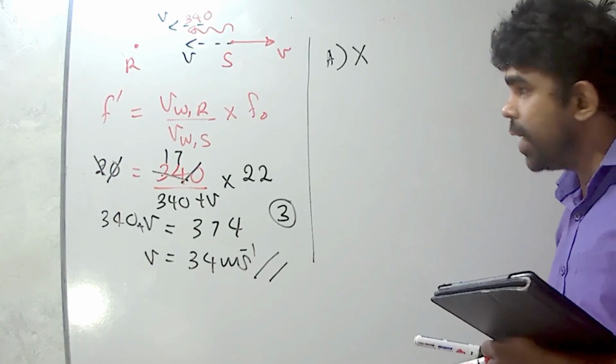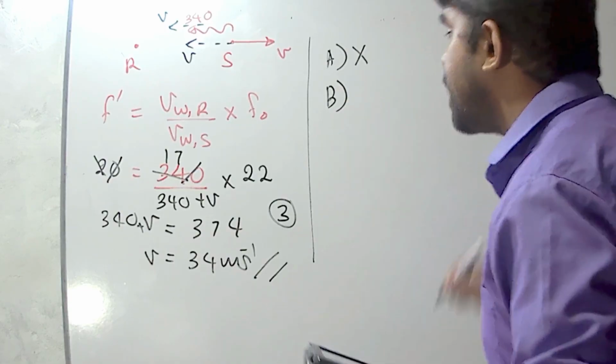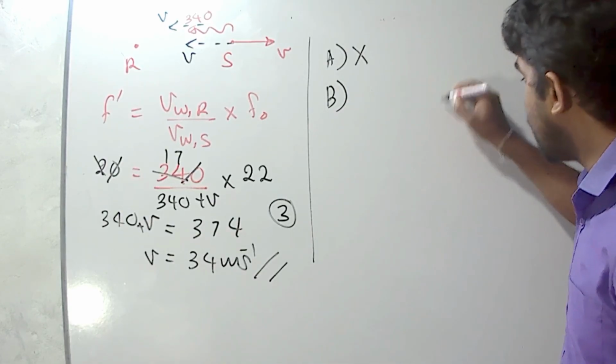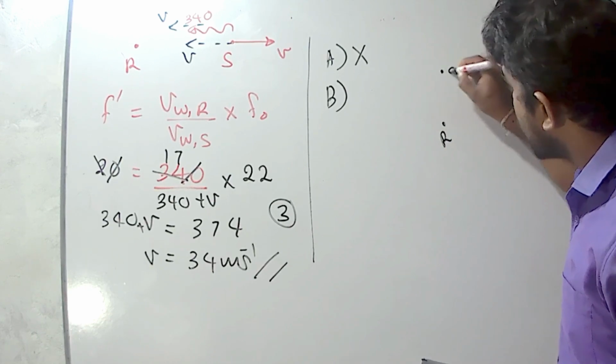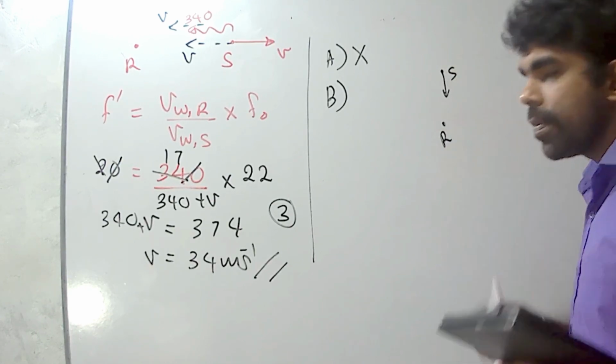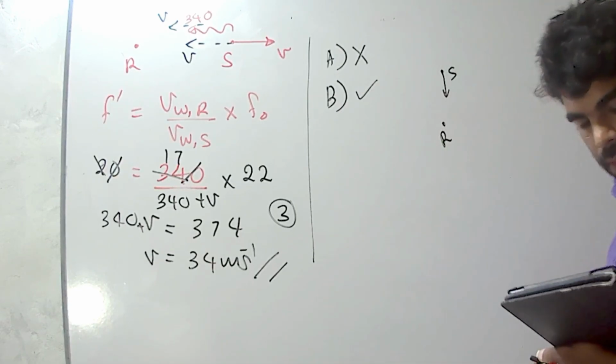Yes, we can consider deceleration as an acceleration in the opposite direction. Therefore, we have to consider the source moving towards the receiver with an acceleration. Therefore, it is correct.